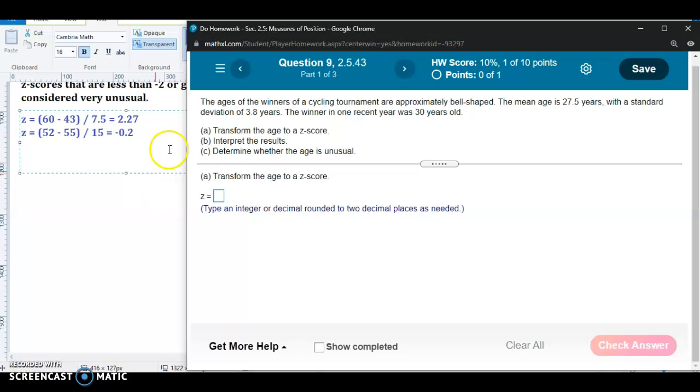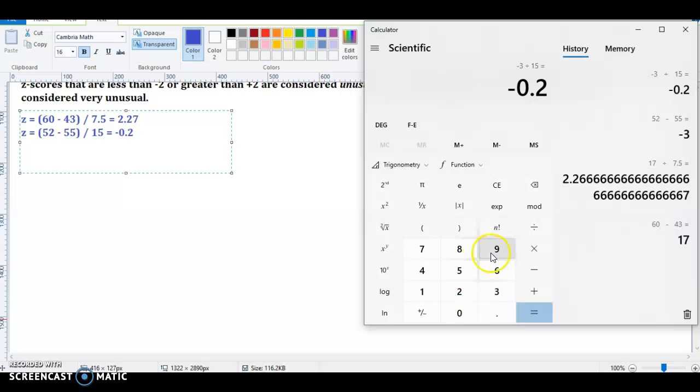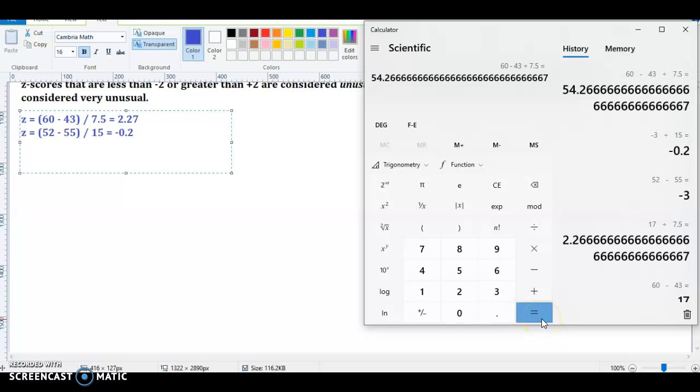Now, I do want to caution you that when you compute a z-score on your calculator, it's possible to get an incorrect answer. Let's say we were computing the z-score for the age of the best actor, who was 60 years old at the time. Let's say you did 60 minus 43, and then divide by the standard deviation of 7.5. That's how you calculate it, but if you input it into the calculator incorrectly, it's going to give you an incorrect result.